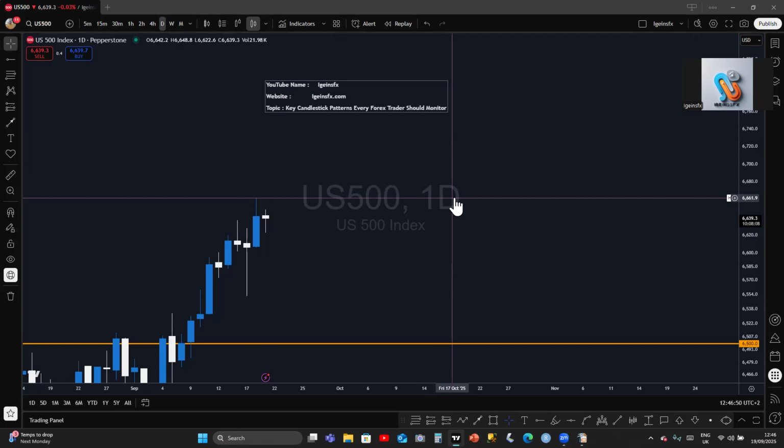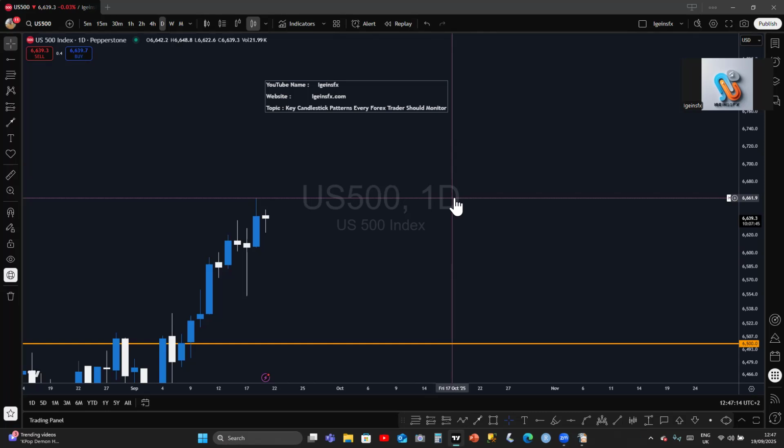The candle can be printing everywhere, but once it appears at a particular level, just know that a change is about to happen. It's giving you a heads up of what is about to happen.